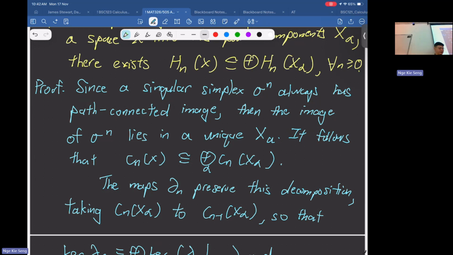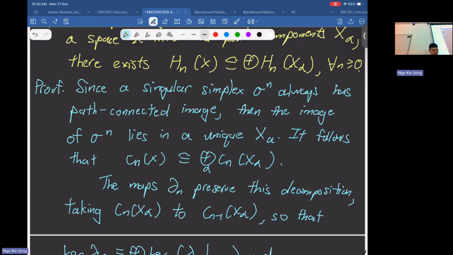Meaning, you cannot split your n-simplex and map one part into one path connected component and another part into a different one. Each singular simplex must map into one X_alpha. So we can split out the singular maps.